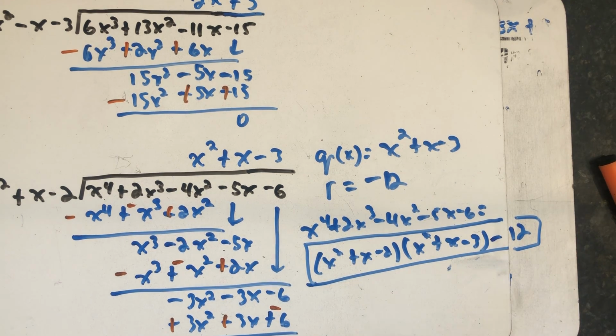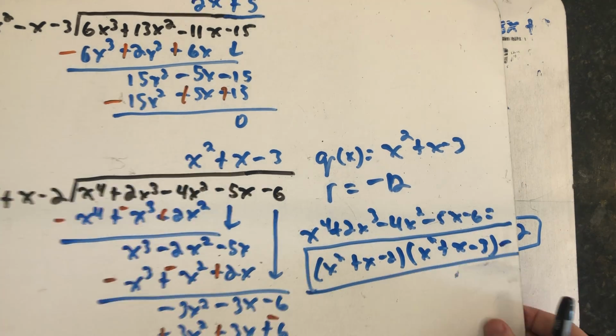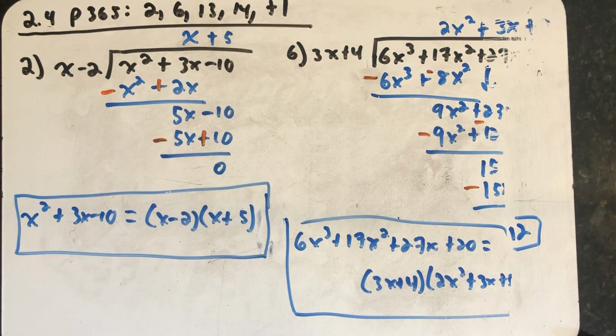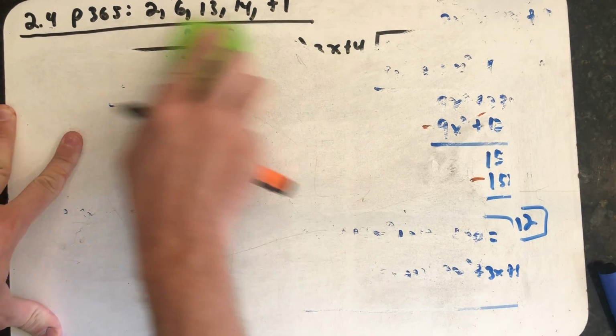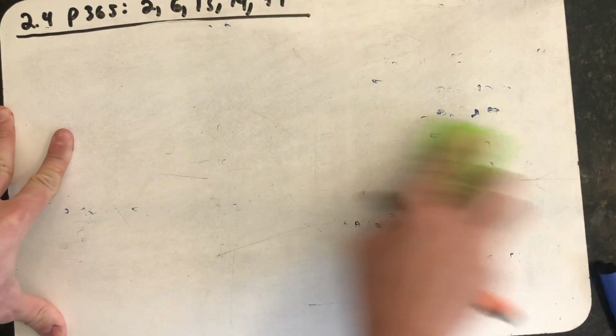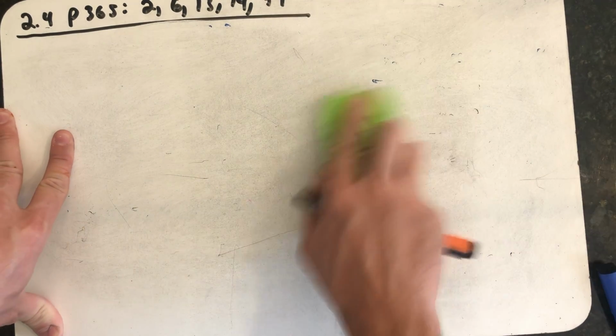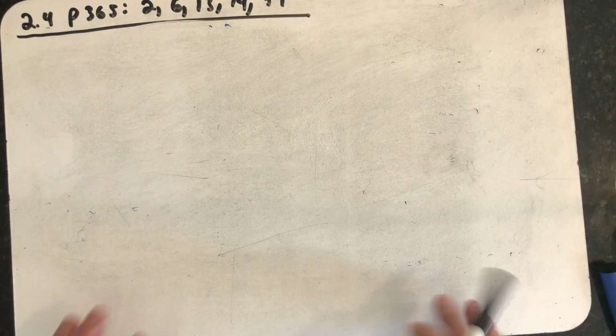All right, well, there's just one more I wanted to do, right? Because I said I was going to do problems 2, 6, 13, 14, and then one more. So it's time for the one more. I just felt like we hadn't seen enough of these that had remainders that weren't 0.